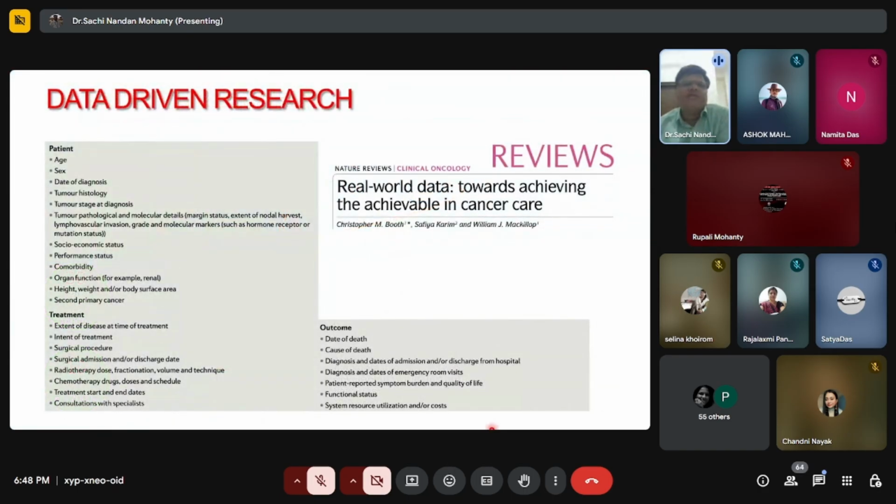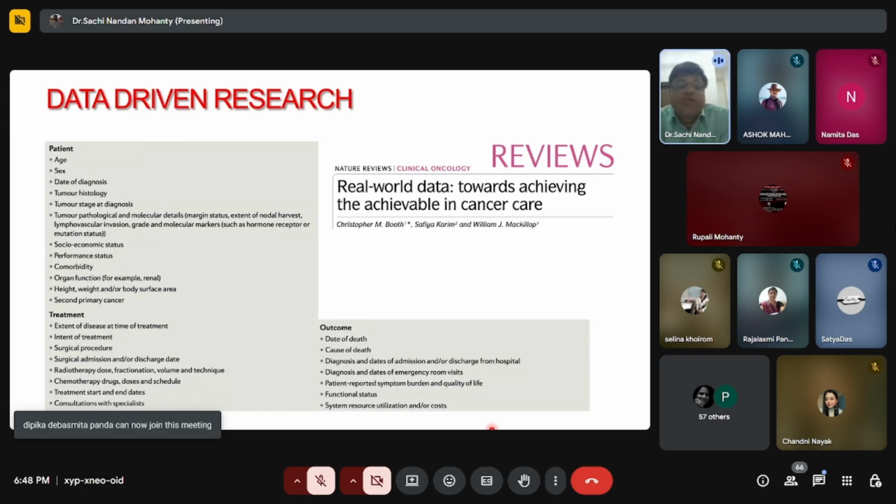Now, data-driven research is one of the recent topics in a Nature review paper on clinical oncology. In patient-driven, data-driven research, we have to collect the data in an efficient way so that we can find the age, the gender, the date of diagnosis, and the tumor histology.